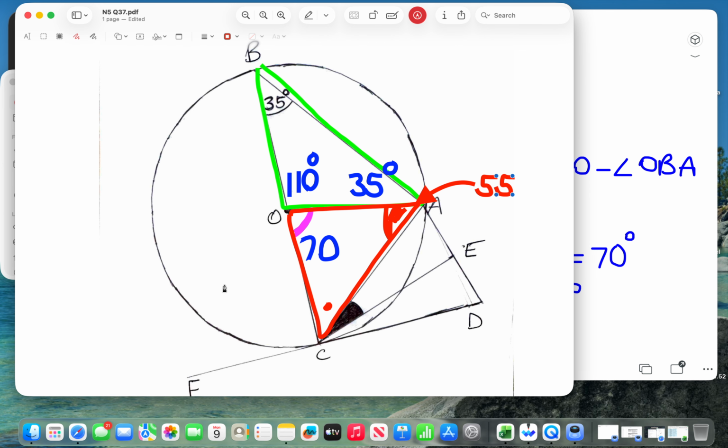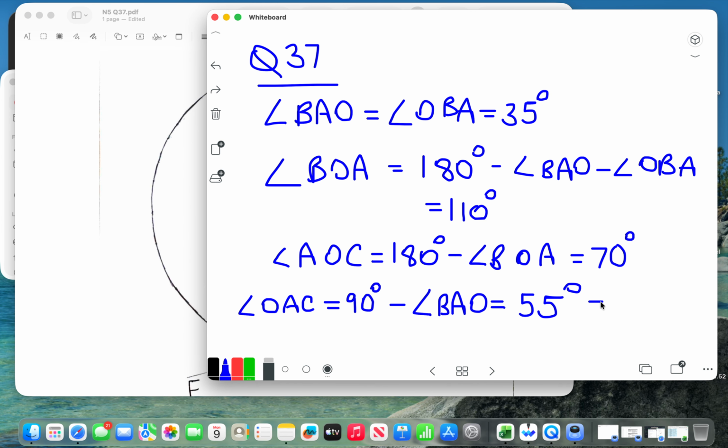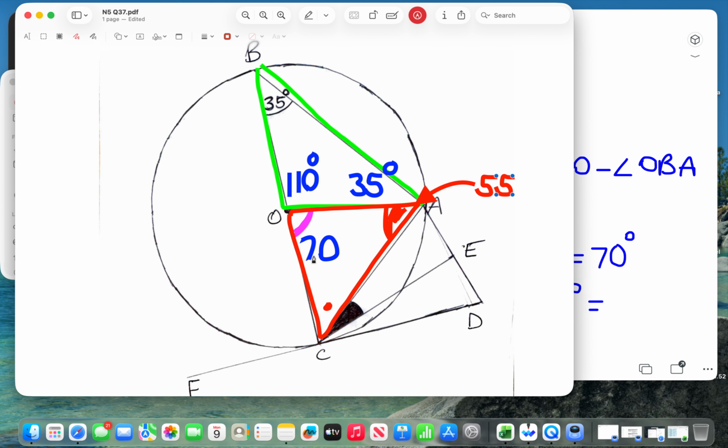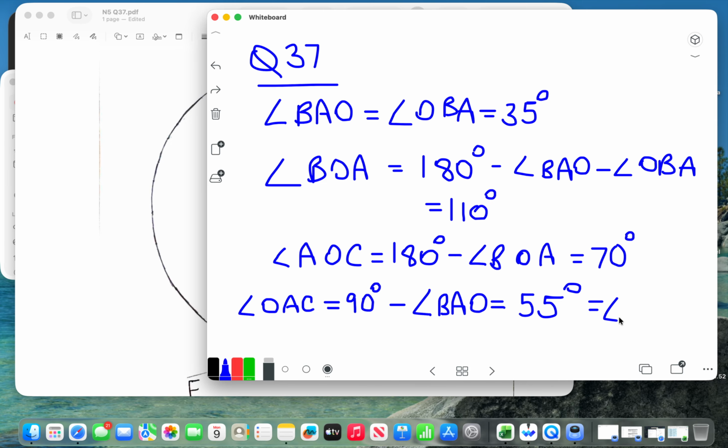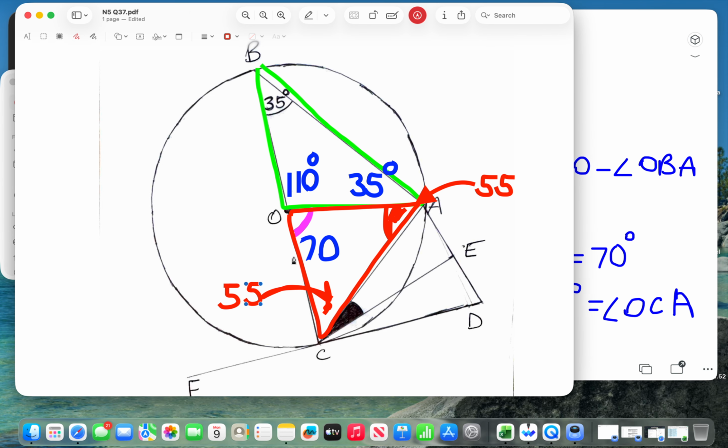So by this logic, OCA must also be 55 degrees. So this is 55, OCA.